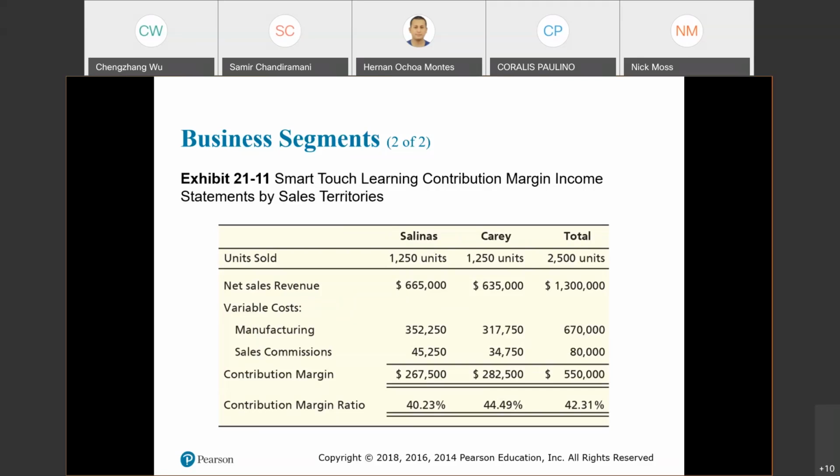This slide shows the contribution margin income statements for both sales representatives, and it determines the contribution margin ratio. But please note here, each 1,250 units is a mix of both types.